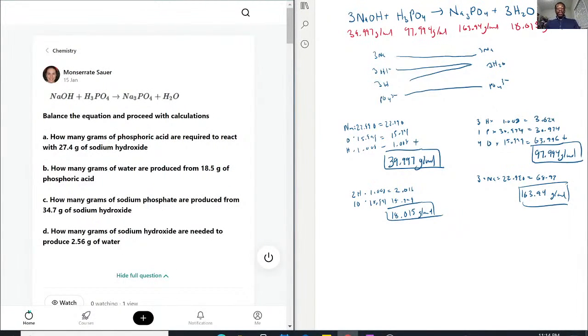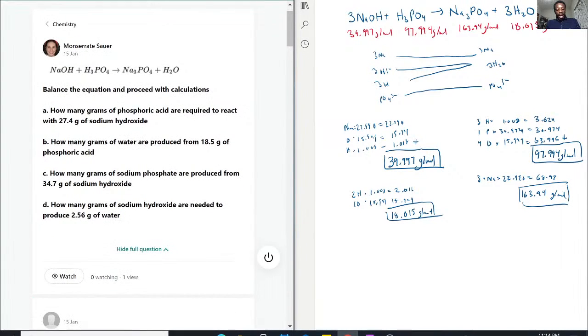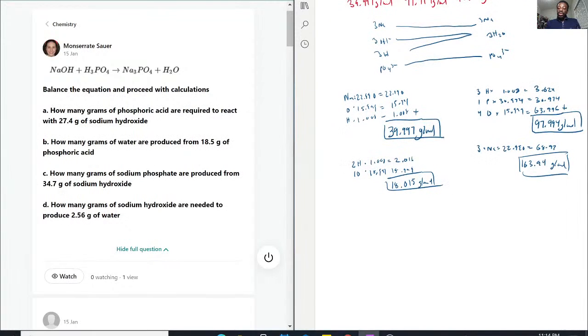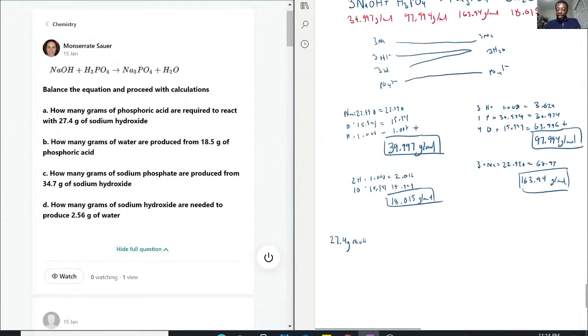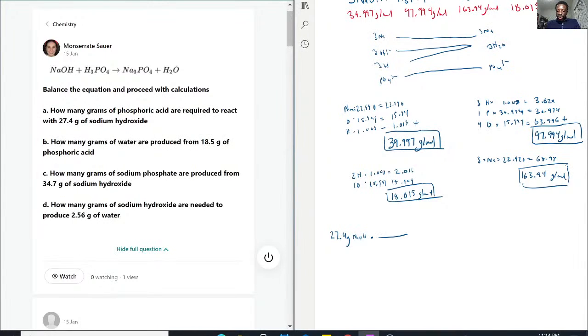So yes, how many grams of phosphoric acid are required to react with 27.4 grams of sodium hydroxide? So let's go ahead and start mapping this out. We start out with 27.4 grams of NaOH, sodium hydroxide. And as we saw, for every 1 mole of NaOH, we need 39.997 grams of it.